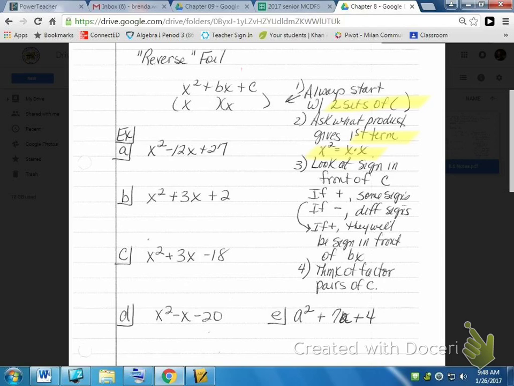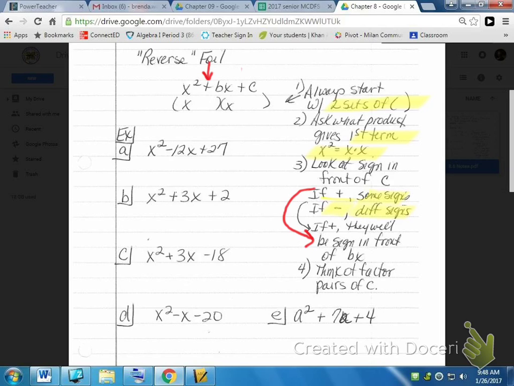If it is a plus, you're going to put the same signs. If it is a minus, you're going to put one of each. If it is plus, it's going to be the same sign that is right in front of your second term.